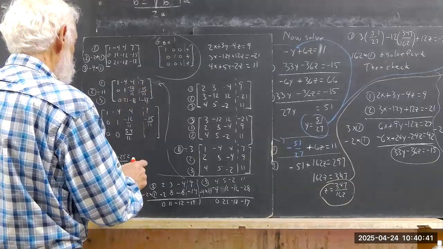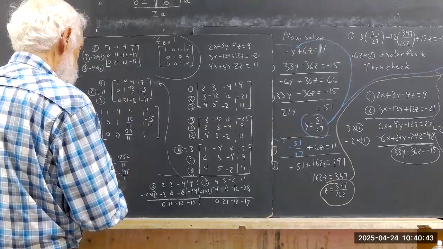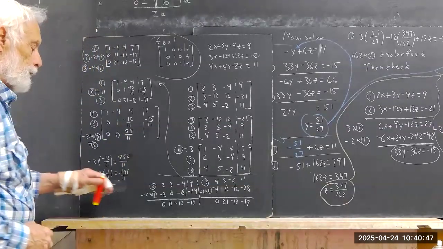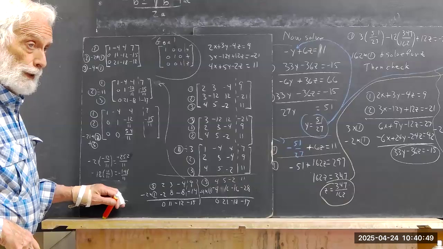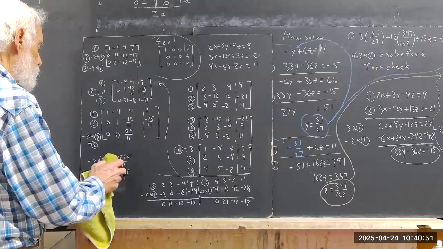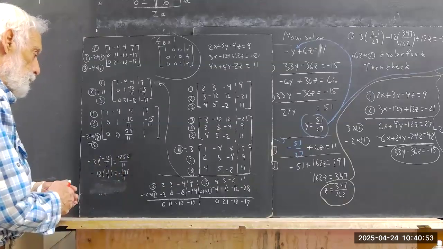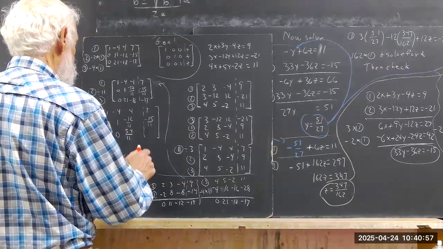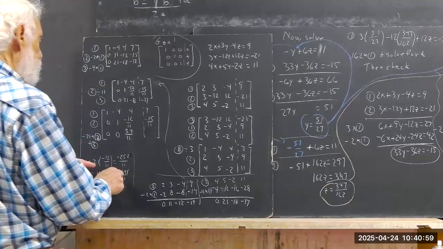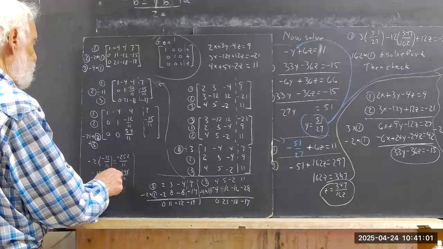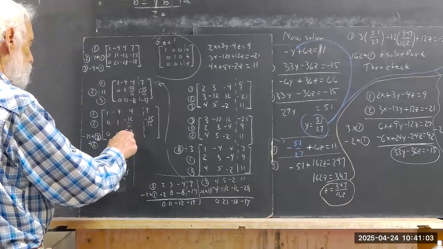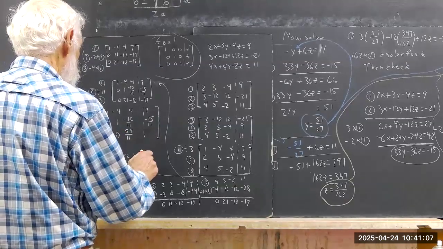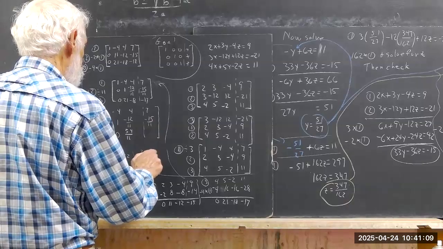And over here, I'm going to erase this. Instead, I'm going to keep this off, but that's how I calculate it, okay? Actually, I'll leave it there for me. But understand that I'm just trying to add negative 21 times this row to this row. Well, negative 21 times negative 15 is 315.